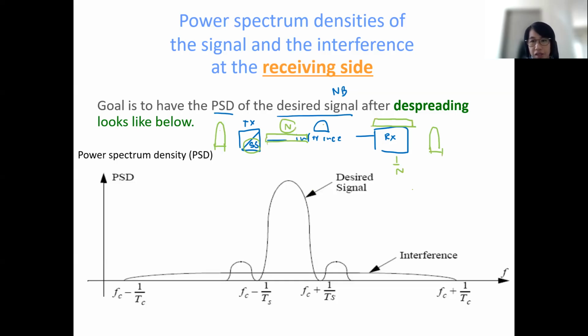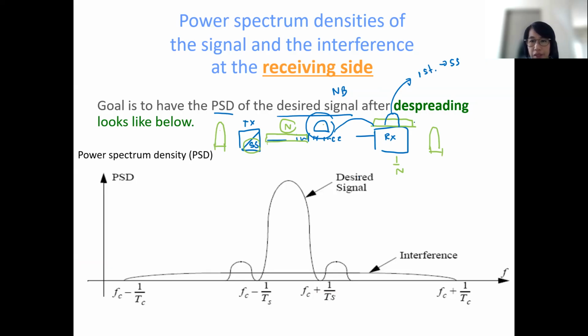Any question? This is the desired signal. The interference also arrives at the receiver, and it will go through this spreading also. But please note that this is the first time the spread spectrum is applied.